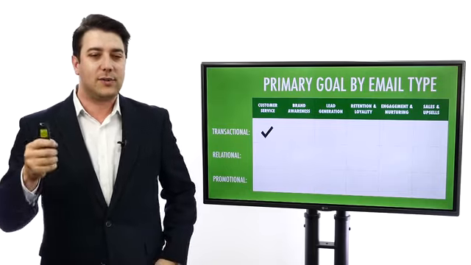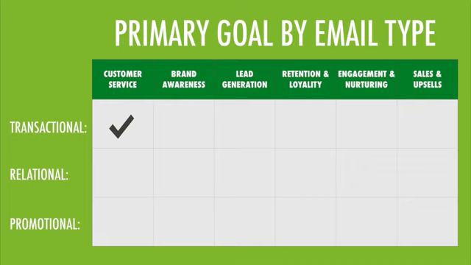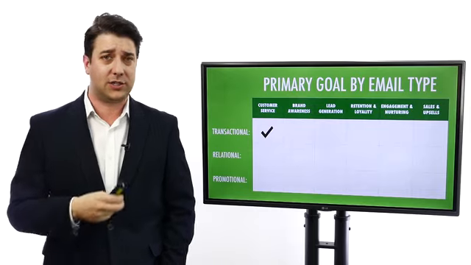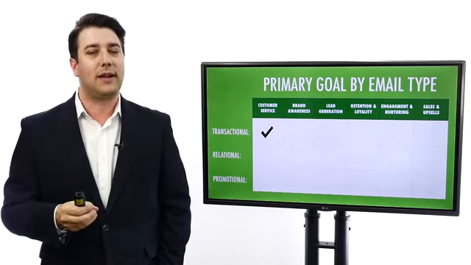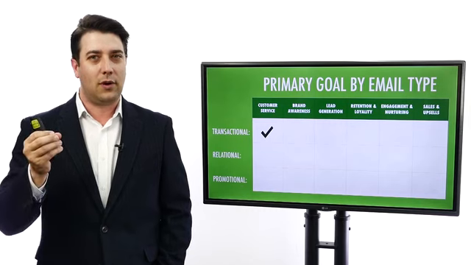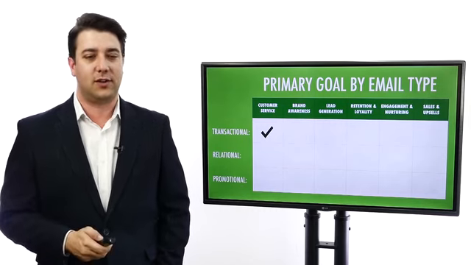So obviously with transactional emails, the primary goal of a transactional email is customer service, is delivering the thing that the customer requested, whether it's an order confirmation, an invoice, a shipping confirmation, right? Really, if you break down the reason for these emails to occur, it would be customer service.